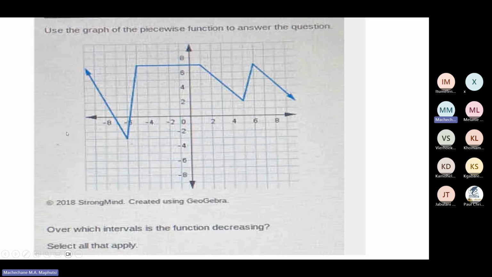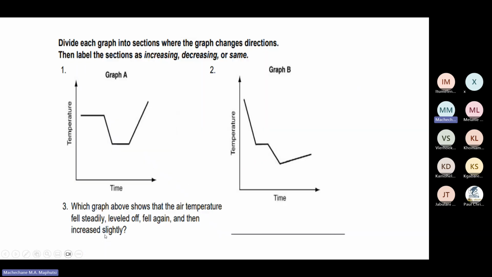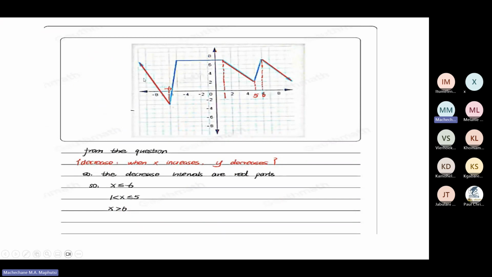As you can see, the graph. Okay, now let me go to the one that has some answers. As you can see here, the red color, if you check from left to right, from -infinity up till -6, is where the graph is decreasing.